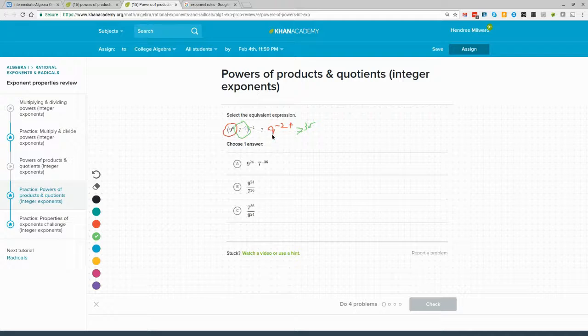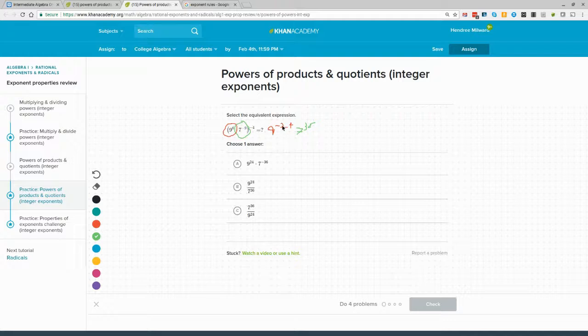So 9 to the negative 24th times 7 to the 36th. Well, this looks like it's almost the answer, except the signs are switched on the exponents, so it's not good. This one, they end up with a fraction all of a sudden, and there's no fraction here. But this is actually going to be the answer right here. The reason is it's got 7 to the 36th, which looks right, okay? But instead of having 9 to the negative 24th, it has 7 to the 36th over 9 to the 24th.